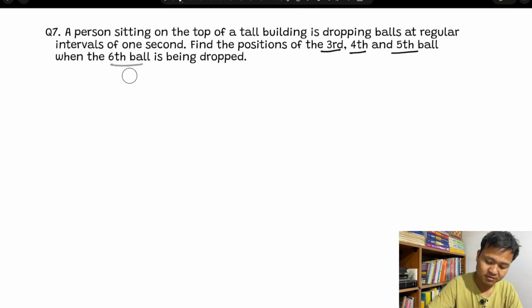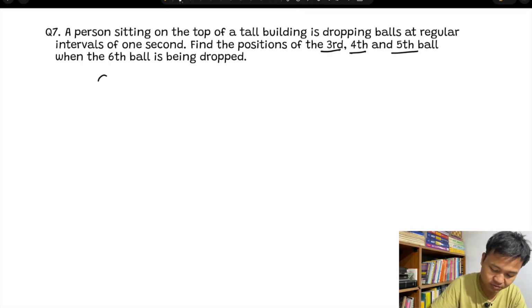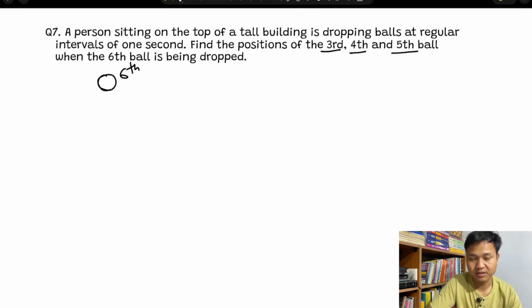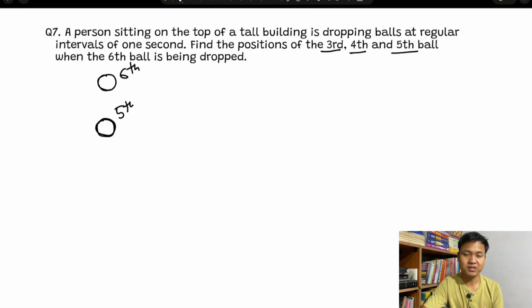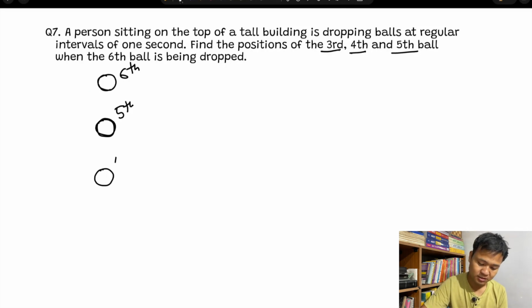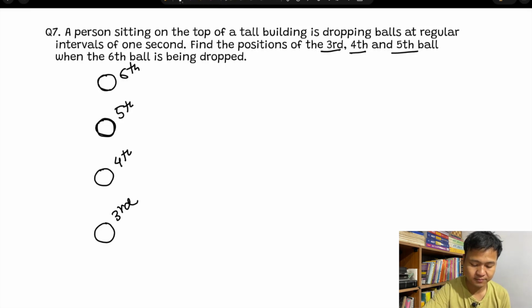Suppose the sixth ball is just dropped. The fifth ball is just below the sixth ball, then the fourth ball below the fifth, and the third is here.